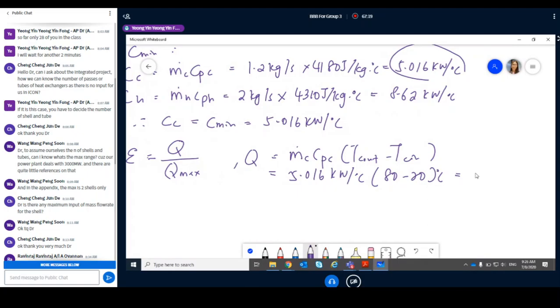TH in is 160 minus TC in is 20. Then you will get, okay. I hope you all are following, students. Then eventually you will get the effectiveness.